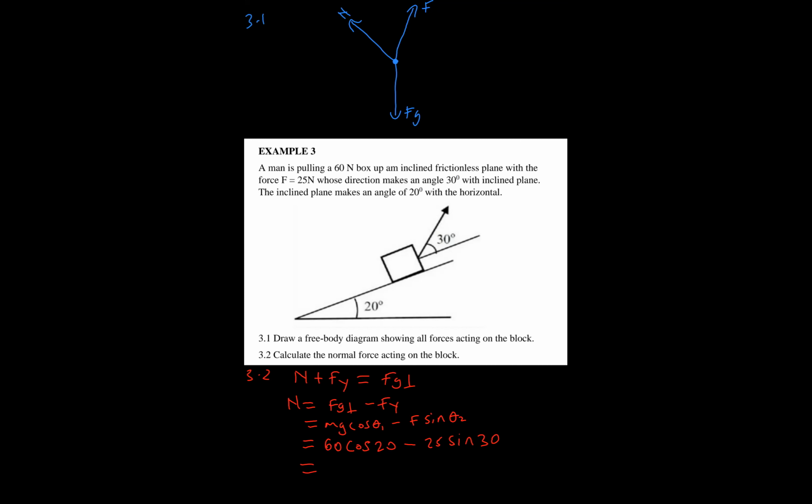It says that 60 cos of 20 minus what? 25 sine of 30.